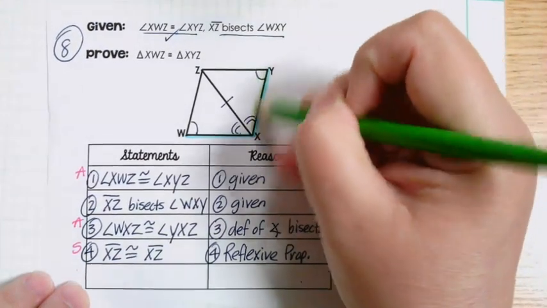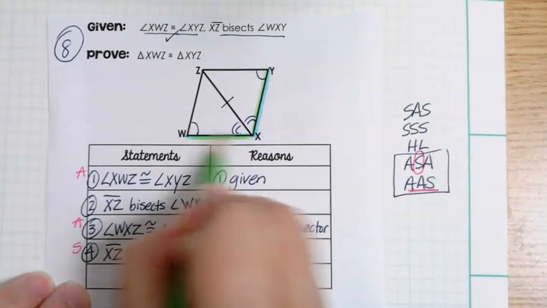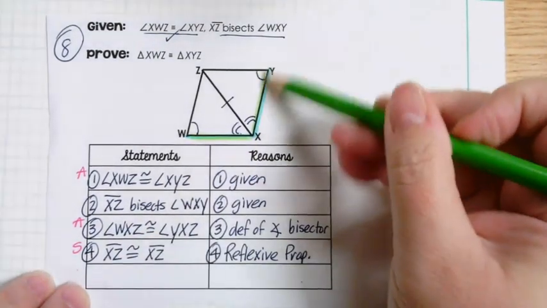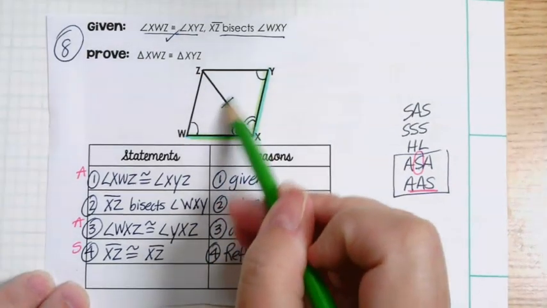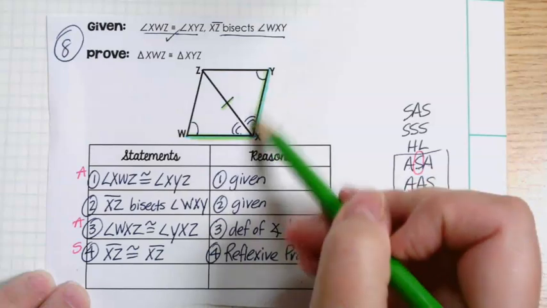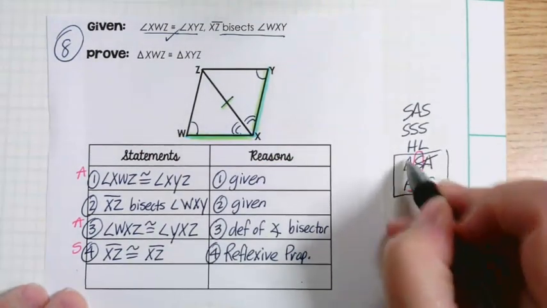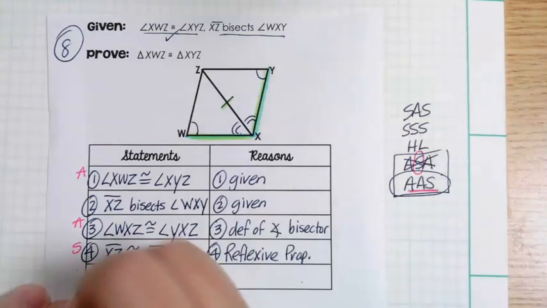Between the 2 angles would be right here. Between the 2 angles in the other triangle would be right here. It is not the side in between. This is the side that's marked, which is not the side in between the 2 angles, which we call the included side. So it's not the included side, so it's not going to be this one. Therefore, it's going to be this one.